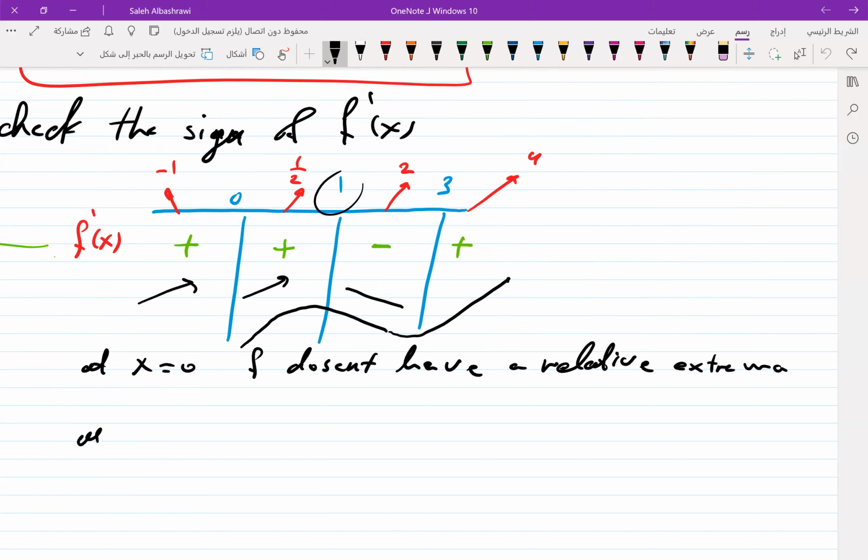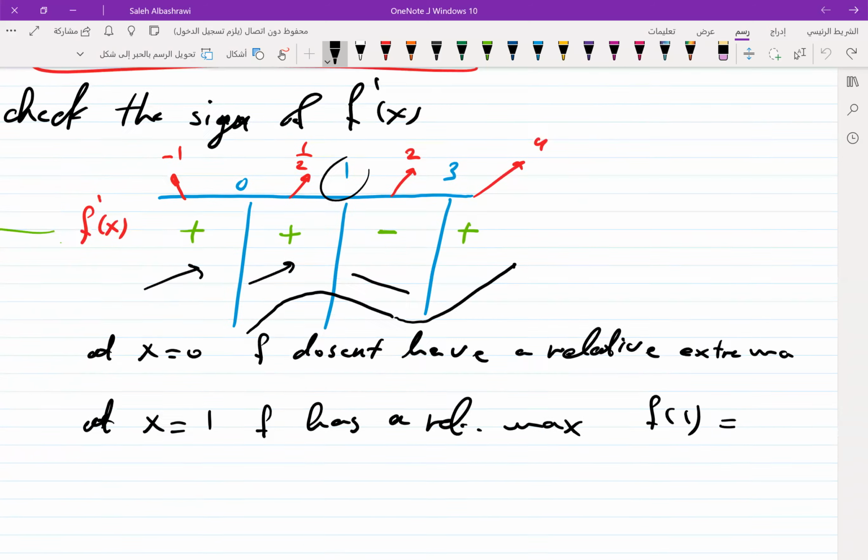Now at x equal to 1, f has a relative maximum. And that relative maximum will be f of 1. Just find that value, that will be the relative maximum at x equal to 1.